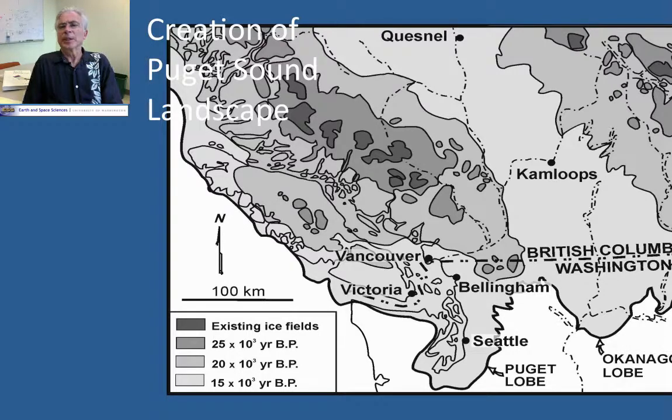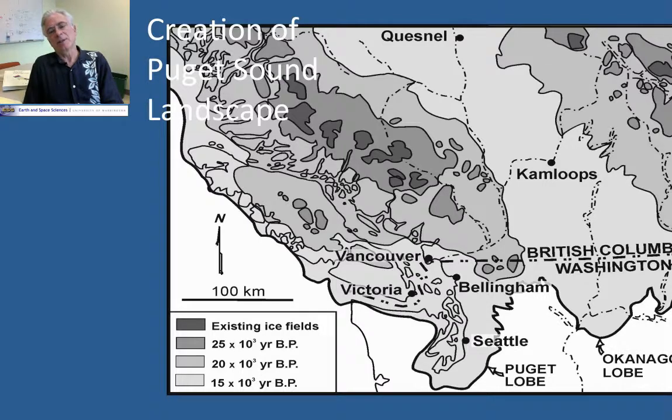Now let's talk in particular about the creation of the Puget Sound landscape. Here's a map of British Columbia extending down into Washington State. It maps the size of the ice sheets at various times, and if you look at this, about 25,000 years ago, the ice along the western Cordillera was mostly confined to the mountains and not extending out as large continental ice sheets.